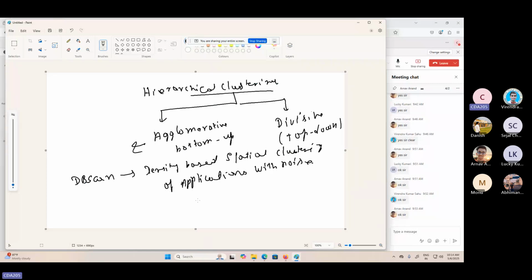So what it is telling: it groups together the points that are close, and it is good for identifying outliers, that is the noise, and clusters with arbitrary shapes.